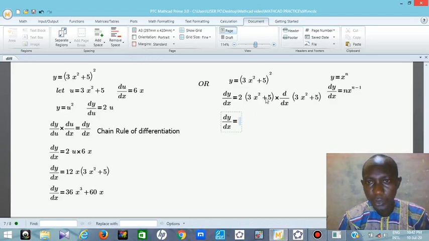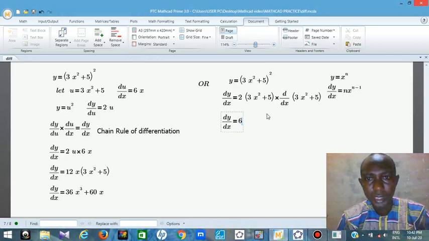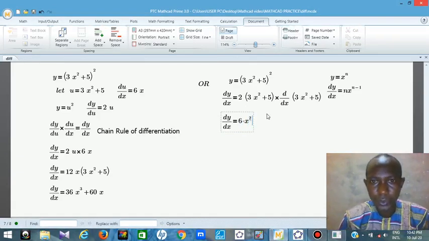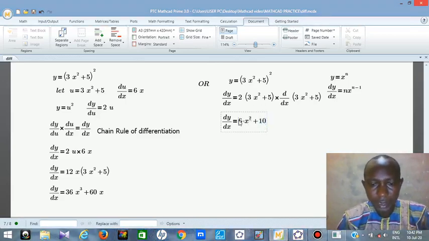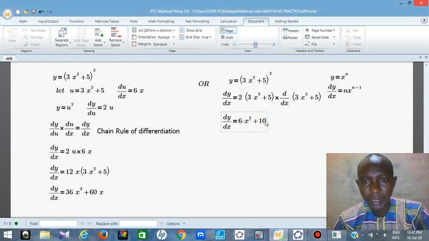Now this 2 can open this bracket. Since the power is 1, you can use 2 to open this bracket, which is 6x squared plus 2 times 5, which gives us 10. So don't forget, let's put it in brackets.